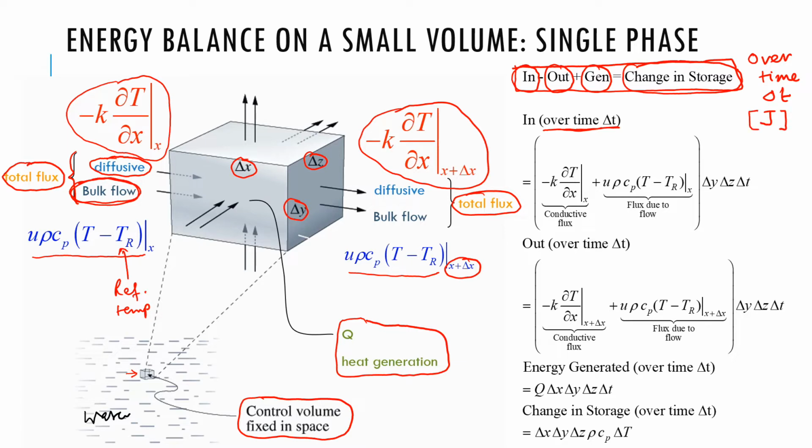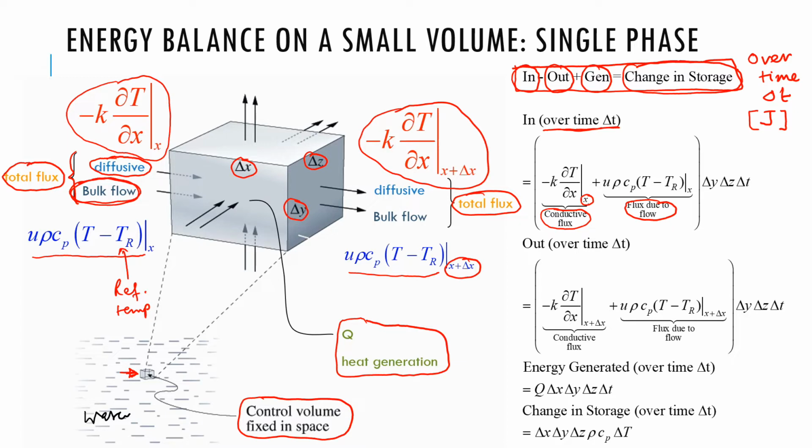Okay, so the conductive flux is minus k del T del x at x, plus the flux due to flow. This is the amount of heat that is simply being carried into the control volume.